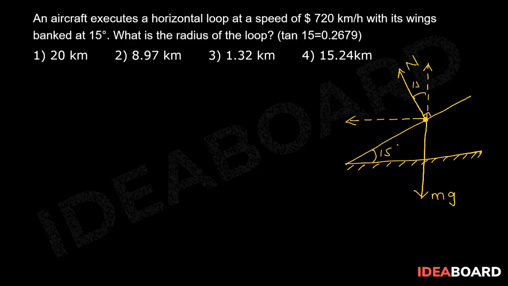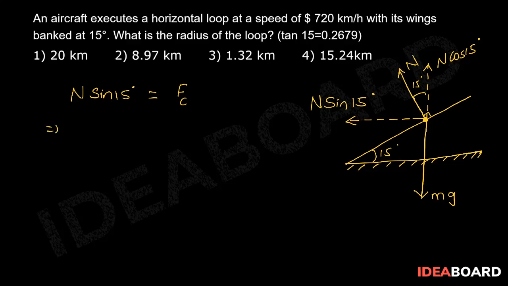So, if we extend the line along which the weight is acting in the backward direction, this angle also becomes 15 degrees. Now, the normal force resolves into two components: N cos 15 degrees and N sin 15 degrees. N sin 15 degrees provides the necessary centripetal force.